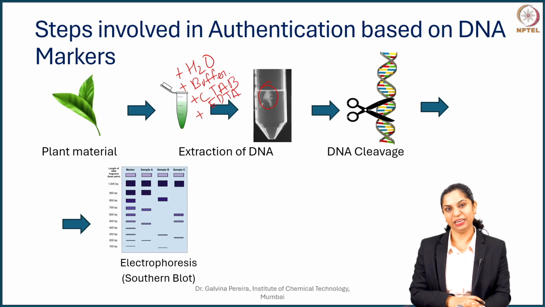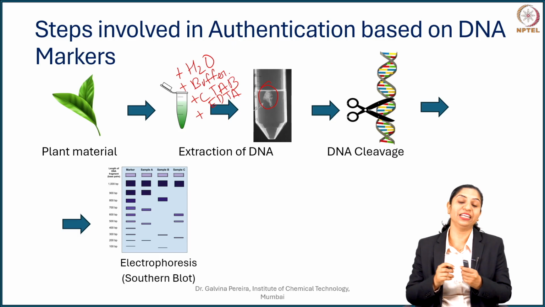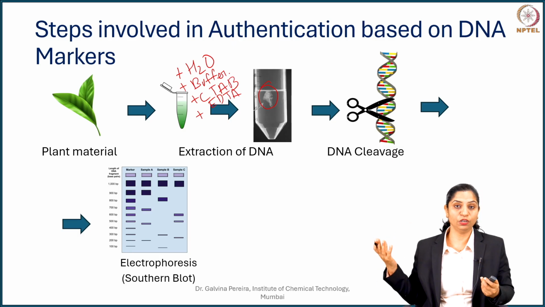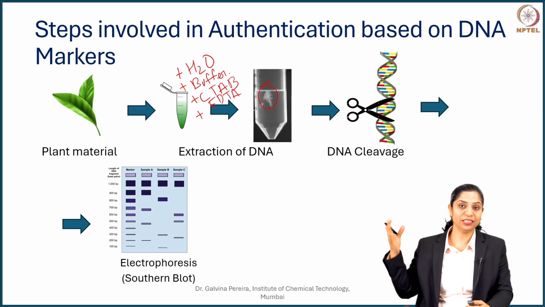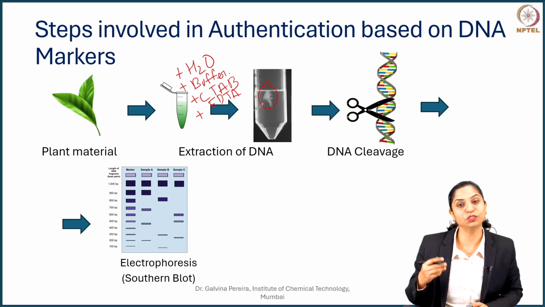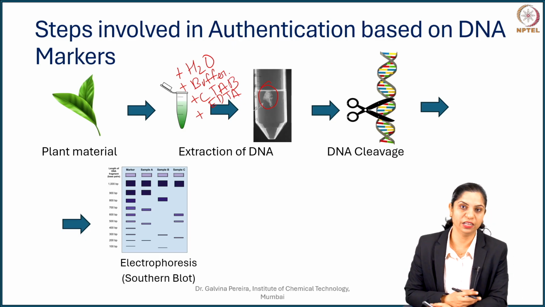Now, once this DNA is precipitated, the DNA is very long, thousands and thousands, in fact 10 raised to 23 base pairs or so, depending upon the plant species. So, now this DNA, if you have to assess it, you have to cut it. Sometimes this is cut with the help of specific molecular reagents, and sometimes it is cut with the help of enzymes.